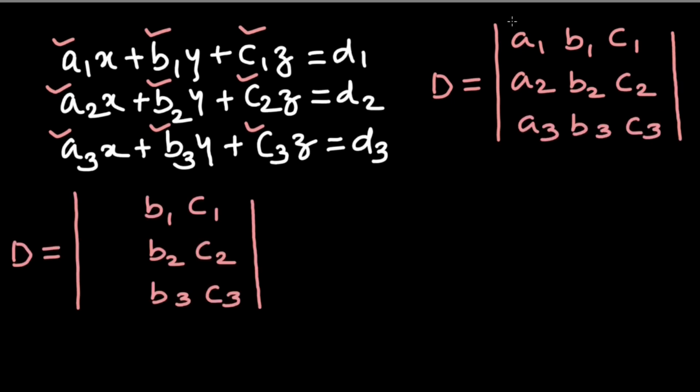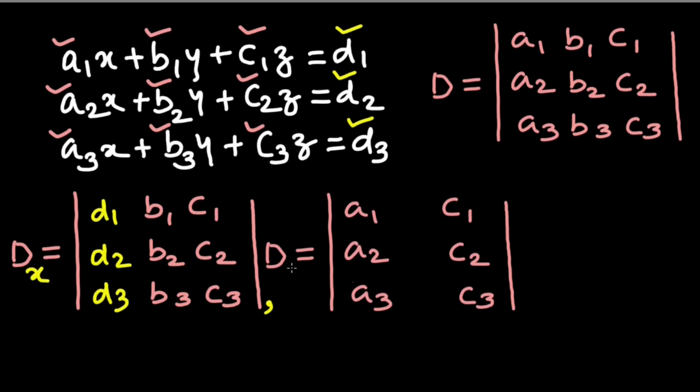Now we will replace a1, a2, a3 by the constant terms d1, d2, d3 and we name this determinant Dx. So we have Dx equals d1, b1, c1, d2, b2, c2, d3, b3, c3.